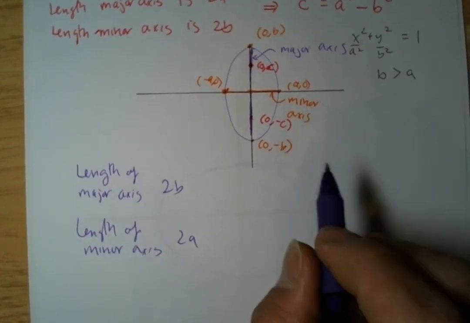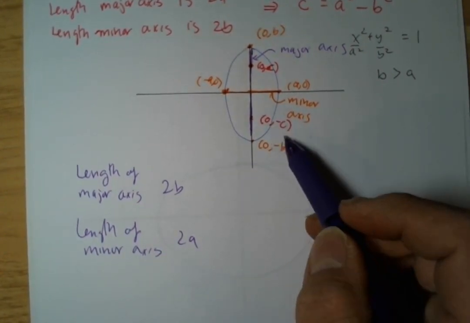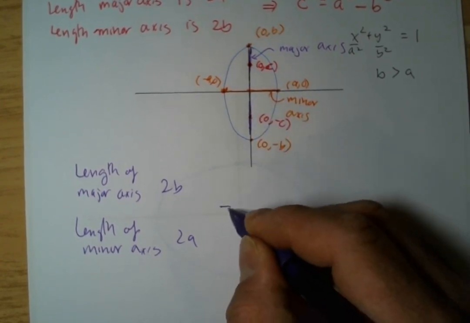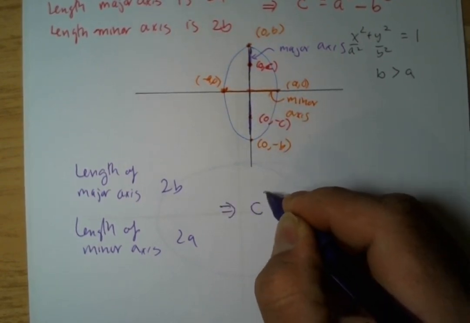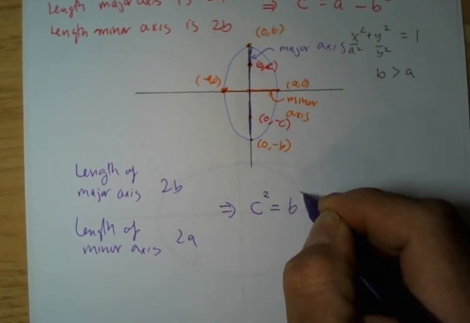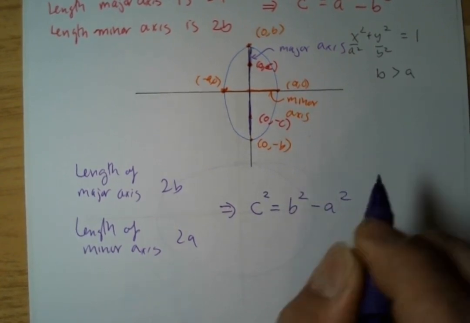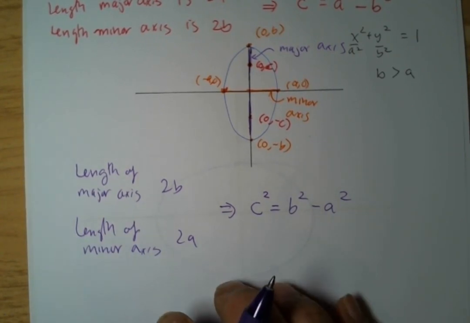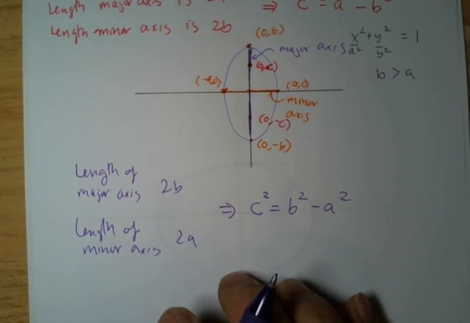All right, and then the coordinates of our foci now are (0, negative c) and (0, c). Now the relationship between a, b, and c is slightly different here, so it'll be c squared equals b squared minus a squared. Okay. All right, so that is our parts of an ellipse.